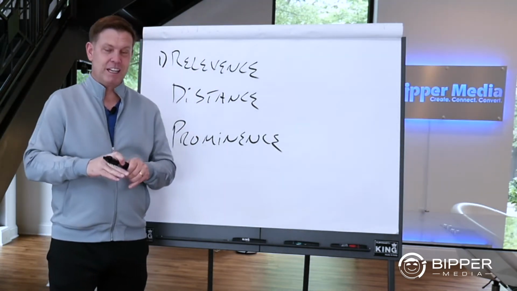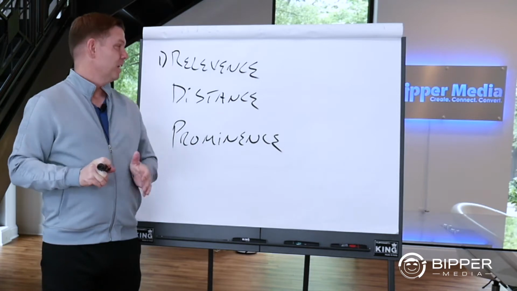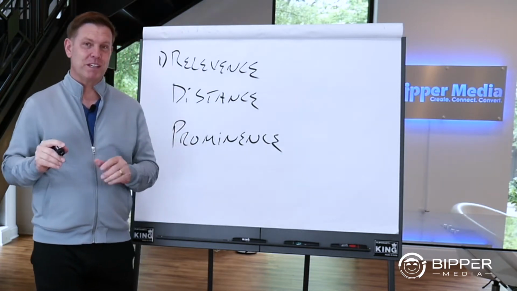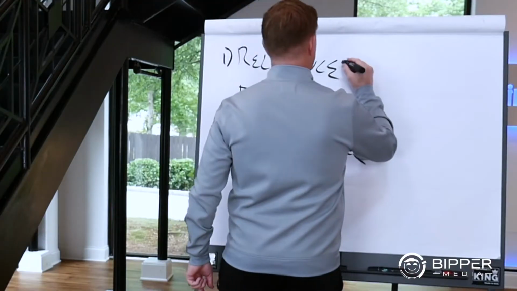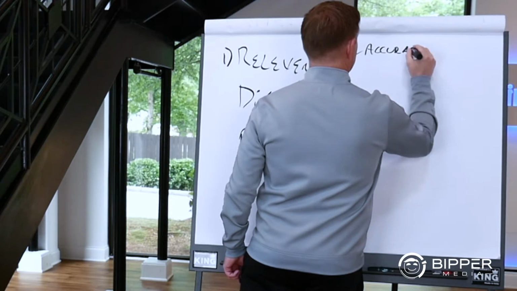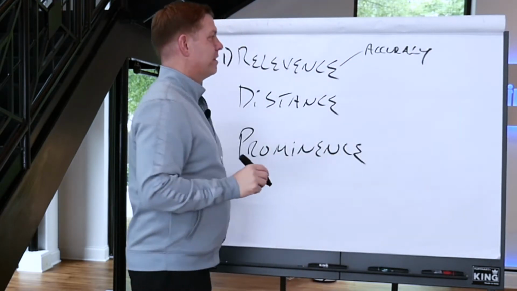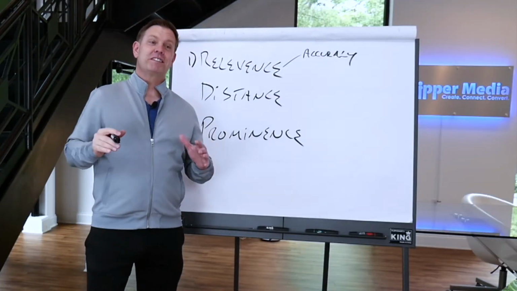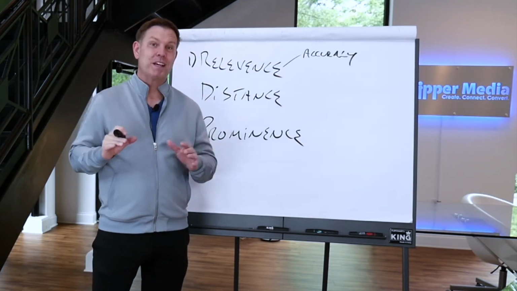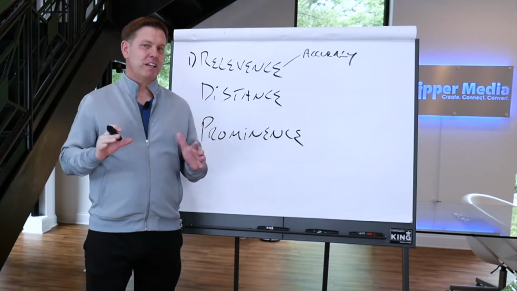Now, relevance, a couple of ways to really dramatically increase the relevance of your business is number 1, accuracy. The accuracy of your business data on your Google My Business listing. Now that might sound very fundamental and basic, but here's the most common mistakes that we see.